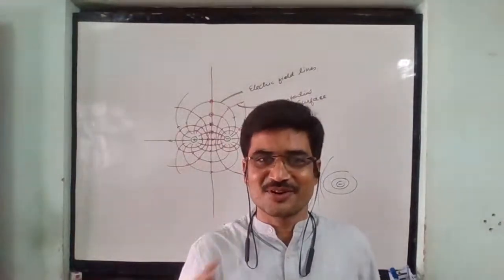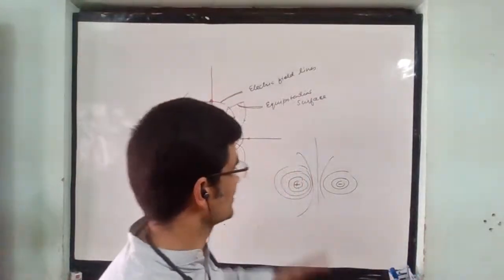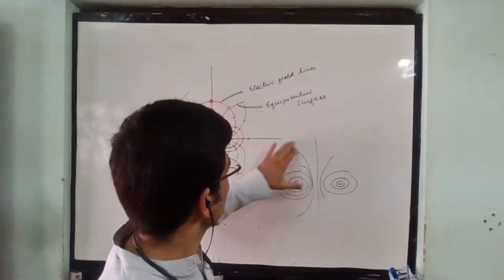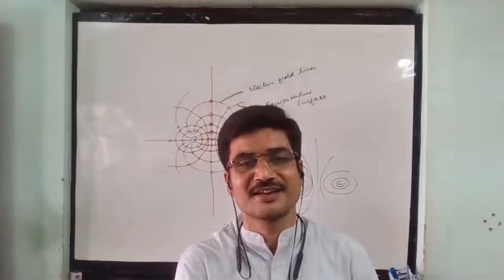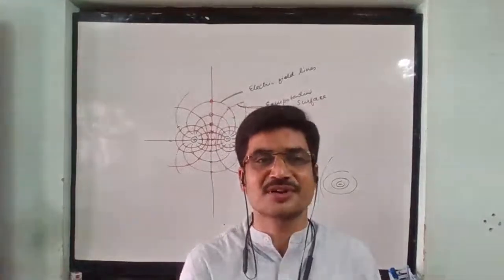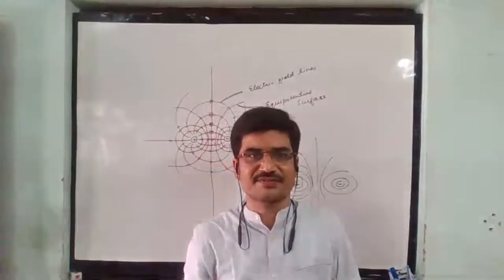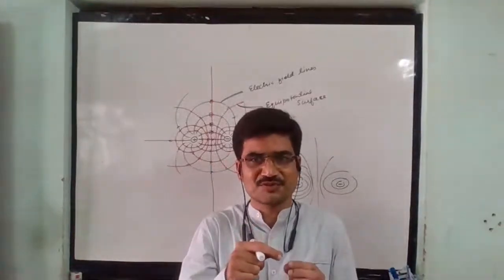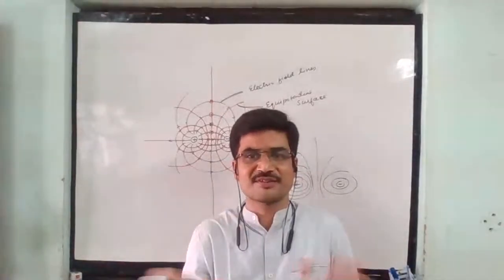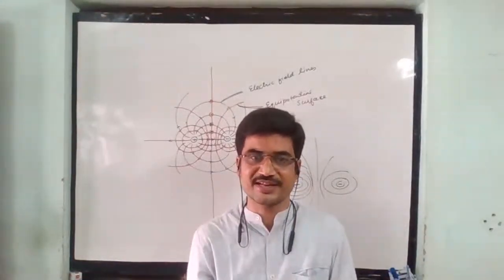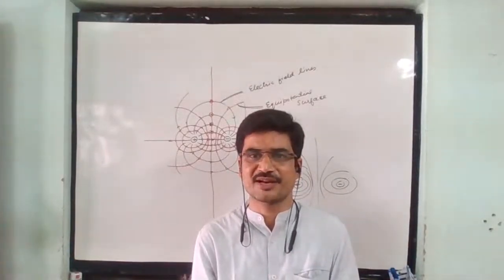But suppose some different type of aspect is asked, and you know how to draw the electric field lines, because drawing the electric field lines is easy. You just move your pen from plus to minus. So first you draw the electric field lines, then you get the equipotential surface by taking the perpendicular lines.